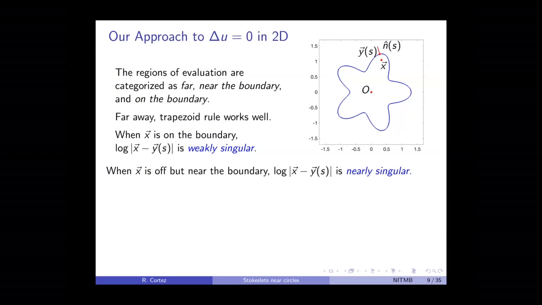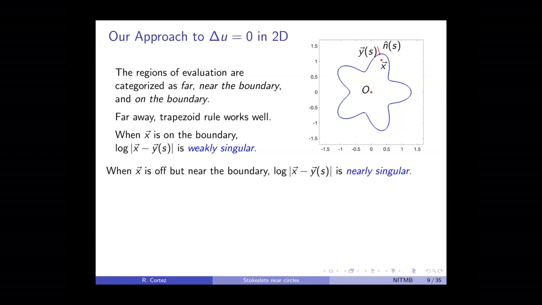If you're on the boundary, then you have something like a weakly singular integral that can be dealt with also in a certain way. So the harder problem is when you're near the boundary but not exactly on the boundary.